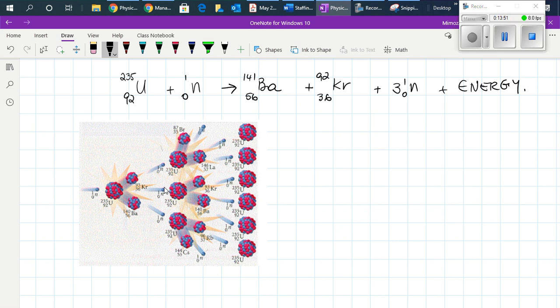And then as a result of this, 3 neutrons are produced, because of the conservation law of charges and the conservation law of masses. And then each of those neutrons enters the nuclei of uranium-92 235. And then a chain reaction is produced.